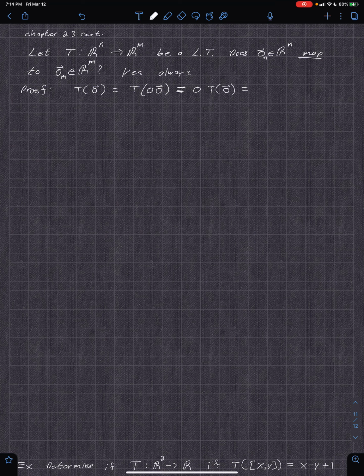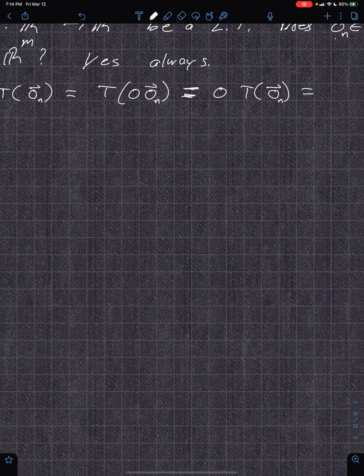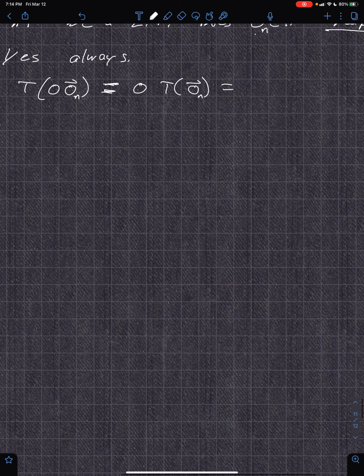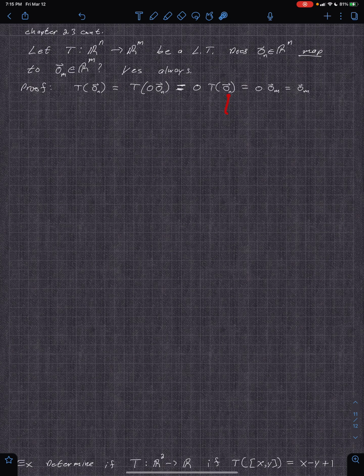And that's going to be equal to this. Anything times this 0 vector is going to be 0. So just to be maybe hopefully more clear, this is in N here. This is still in N. But then when you do the transformation, you're going to get 0 times the 0 vector in M, which is, of course, just the 0 vector in M. But that'll be true regardless of whatever's here, because this is always true.